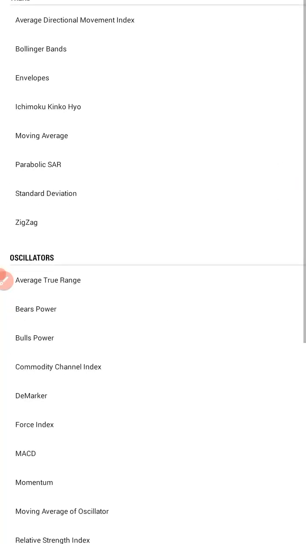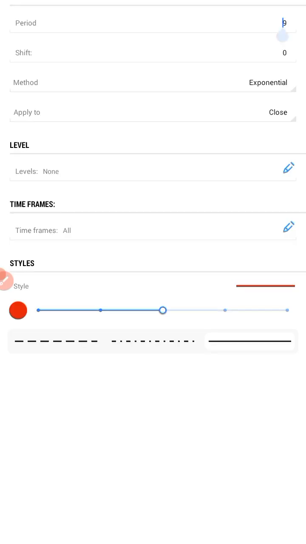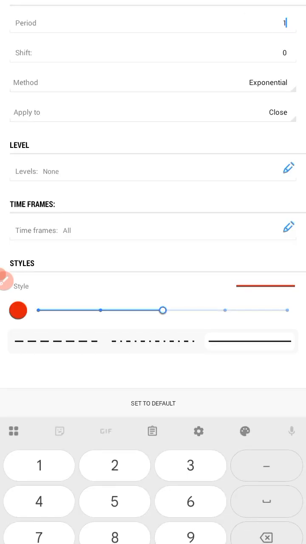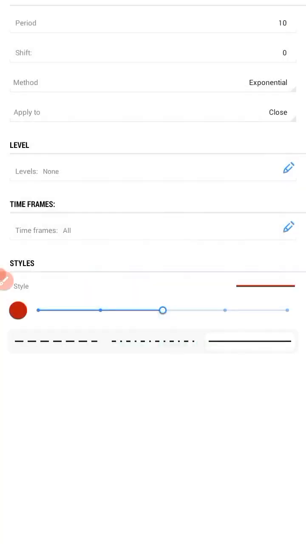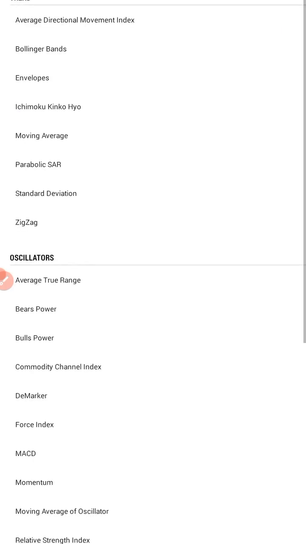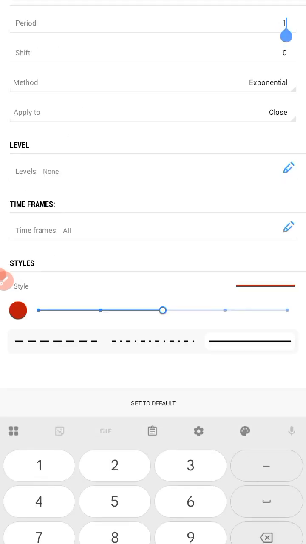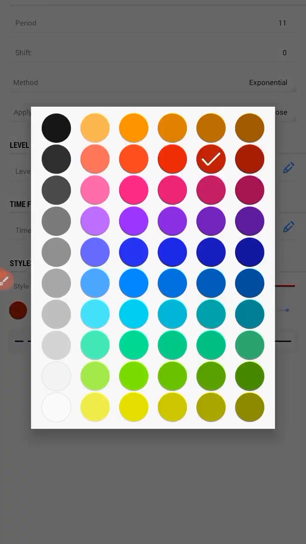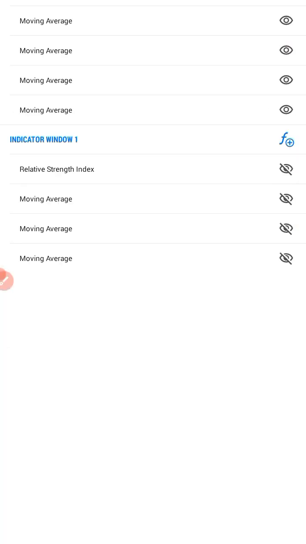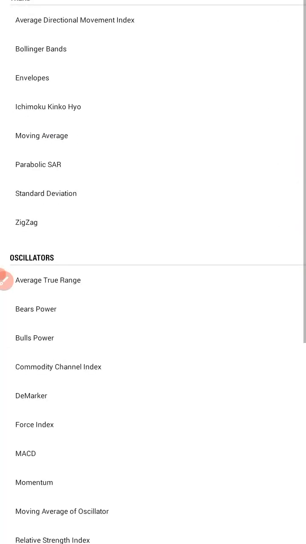Next one will be 10. Then we have 11. Then we have 12.